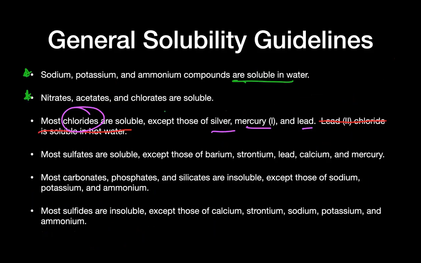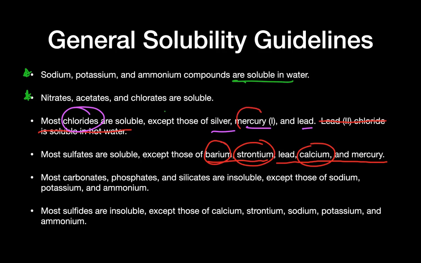All right, moving on to sulfates. Most sulfates are soluble except barium, strontium, lead, calcium, mercury. So first, looking at barium, strontium, calcium, these are all group 2 metals. So it's a pretty safe assumption that if you combine a group 2 metal with sulfate, it's insoluble.